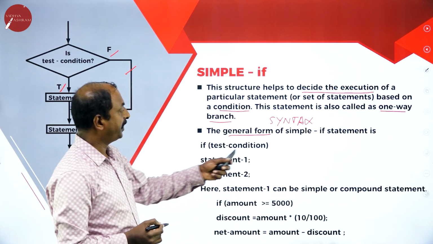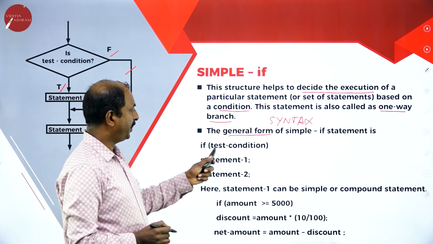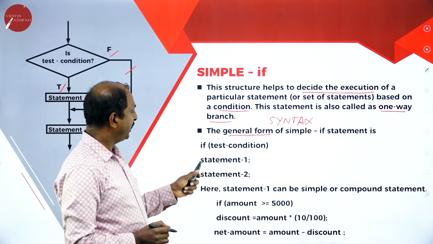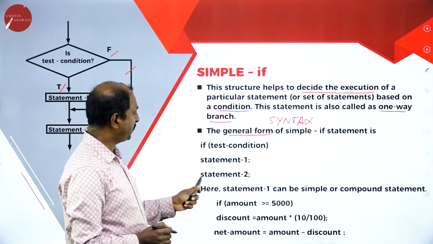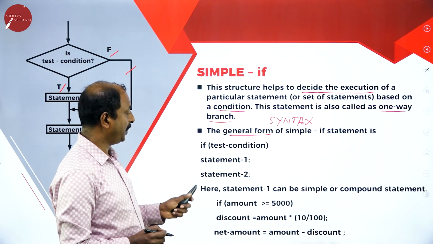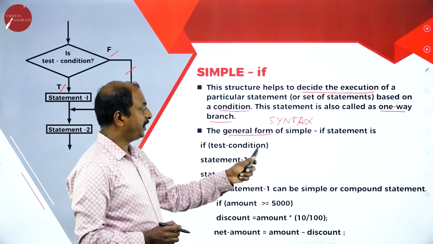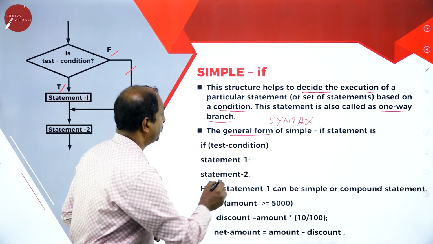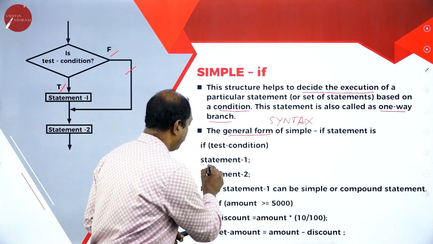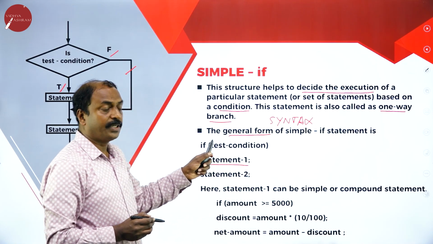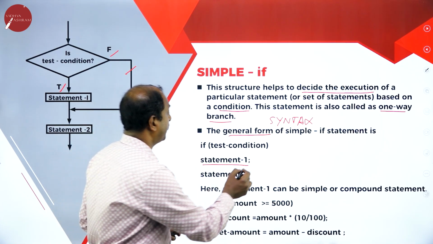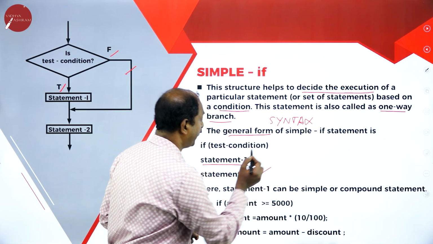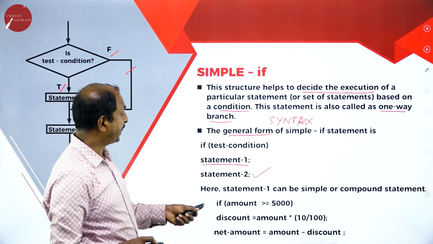The syntax of the statement here is: if test condition, statement 1, and statement 2. Here the meaning is if the test condition is true, it executes the first statement, and if the test condition is false, it executes the second statement. That is the meaning of the syntax here.